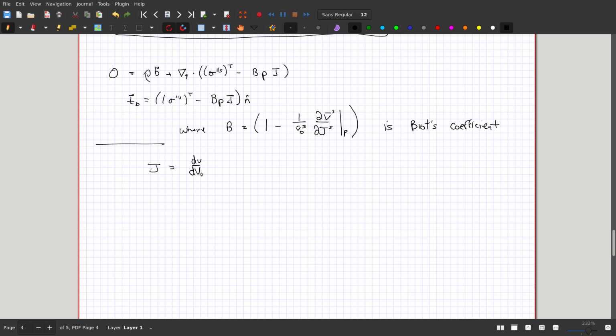So this J is like the J of the solid skeleton and the pore space, right? So we're not making any distinction on J of S or J of F for that J, right? That is the total J, if you will, or the J of the solid skeleton, right? Okay?